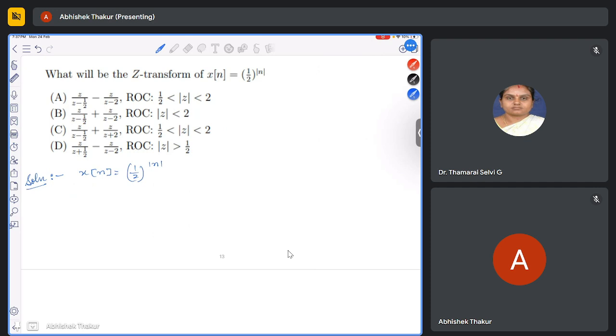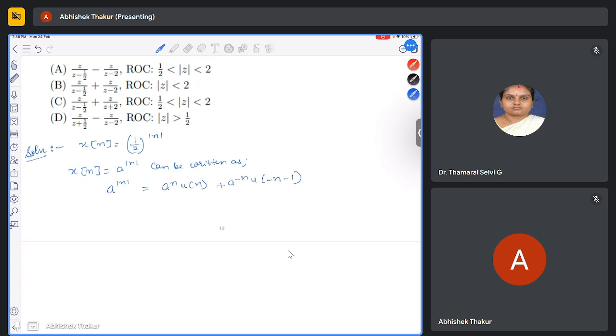So we know that x(n) is equal to a to the power of mod n, which can be written as: for the negative side, a to the power of minus n, for negative values of n. For positive values of n, it will be written as a to the power of n.